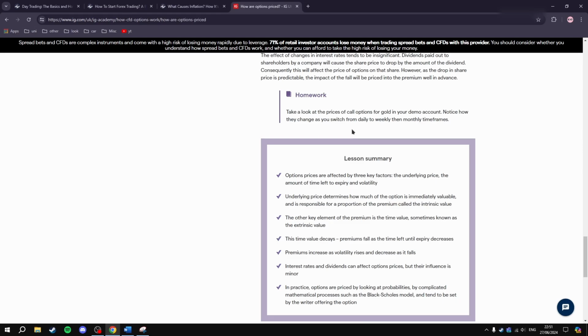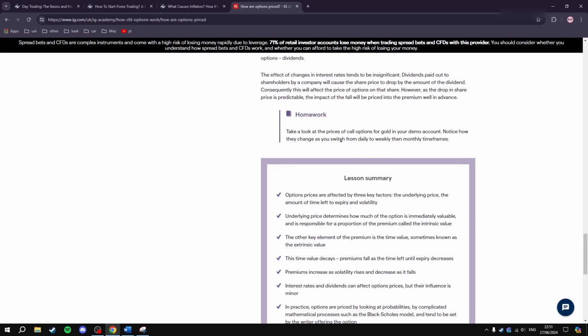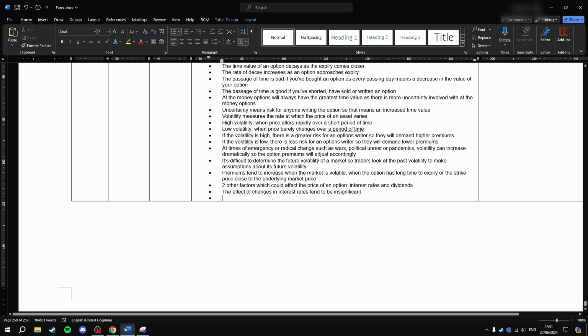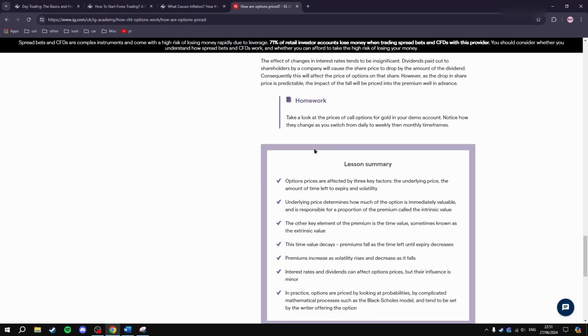Interest rates are insignificant for options, okay? I guess it's because options are into the future, isn't it? I was going to say it doesn't matter what the interest rate changes now are like, because it doesn't determine the future, but it could.